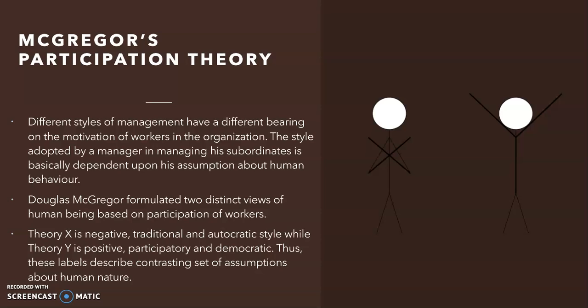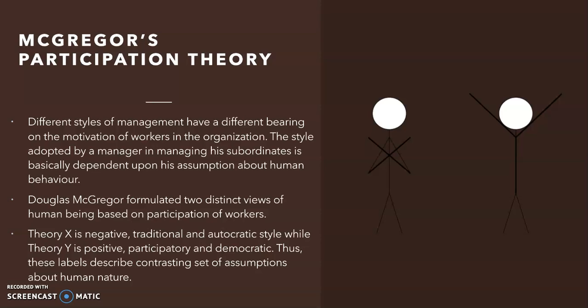McGregor's participation theory. Different styles of management have a different bearing on the motivation of workers in the organization. The style adopted by the manager in managing his subordinates basically depends upon his assumption about human behavior. So, Douglas McGregor formulated two distinct views of human beings based on the participation of the worker.